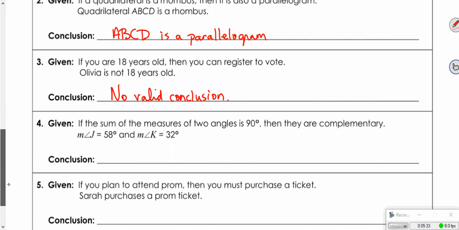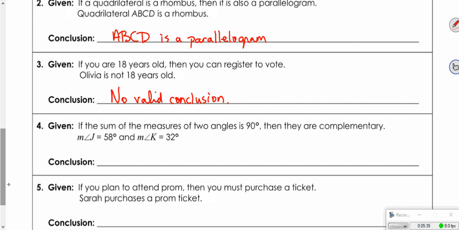Number 4, if the sum of the measures of two angles is 90 degrees, then they are complementary. Measure of angle J is 58 degrees and measure of angle K is 32 degrees. What can we conclude there? Why would angle J and angle K be complementary? Because 58 plus 32 equals 90 degrees.